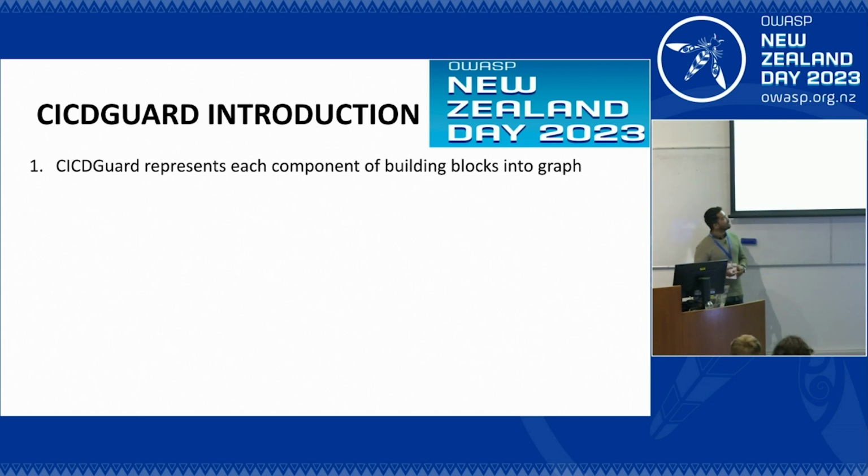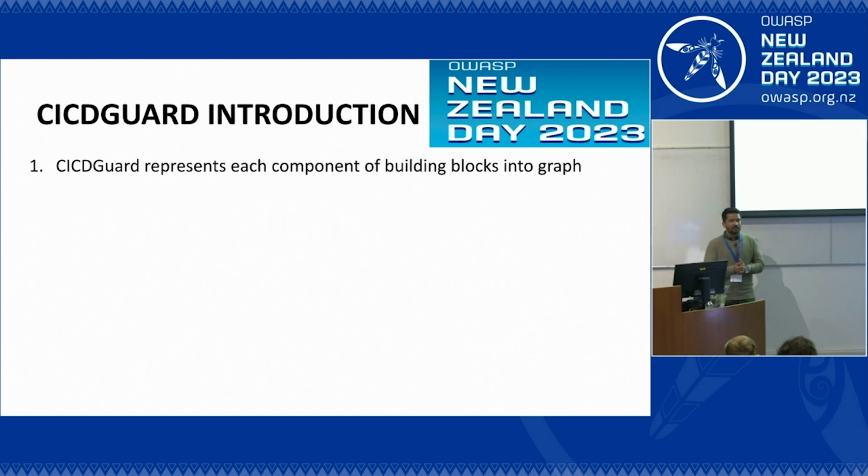Each technology is converted into a graph, and because of the inherent nature of the graph, it's relatively easier to map out the relationships and look at the overall inventory in the overall CI/CD ecosystem. And the relationship is not just within the technology, it's across technologies as well.